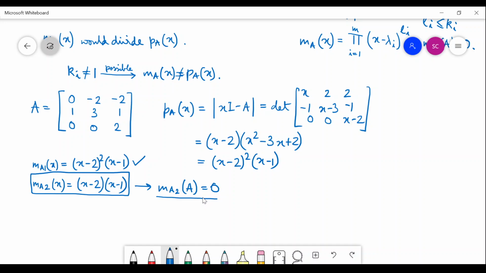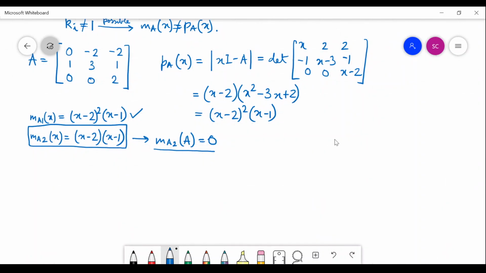So here let us see. For this one, I have to actually have two matrices with me, A minus 2I and A minus I. A minus 2I is minus 2 1 0, minus 2 1 0, minus 2 1 0.